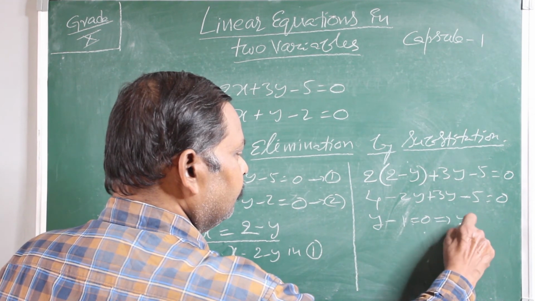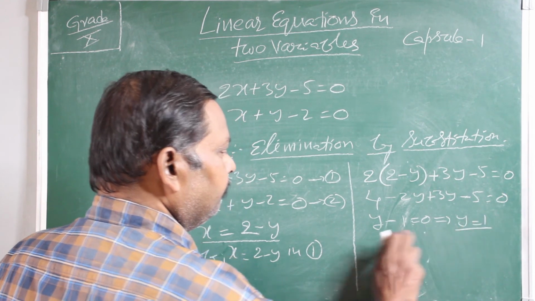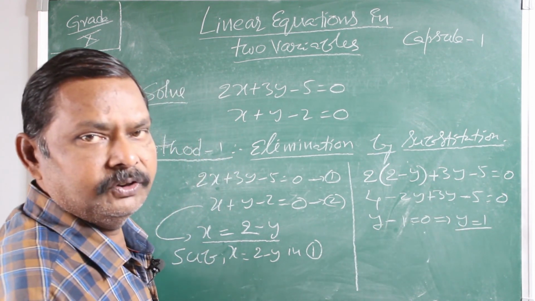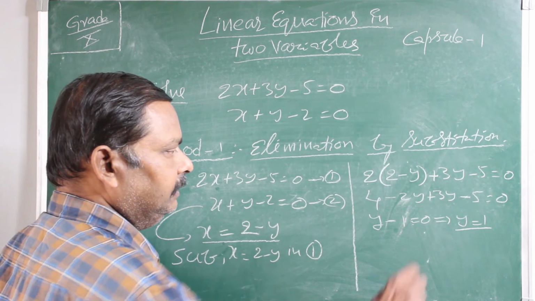This implies y = 1. When -1 taken to other side becomes +1. So y = 1. So this is one value.